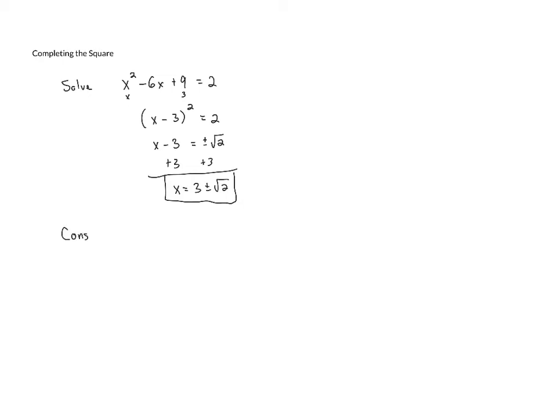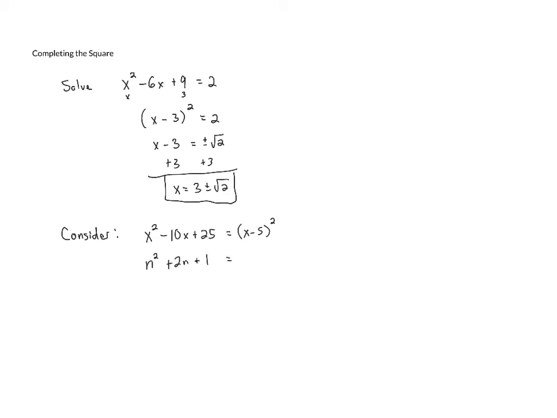Let's consider the following. x squared minus 10x plus 25. This is a perfect square trinomial. It's x minus 5 squared. Then n squared plus 2n plus 1.